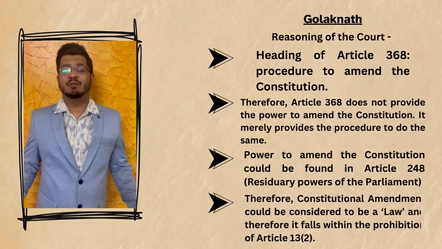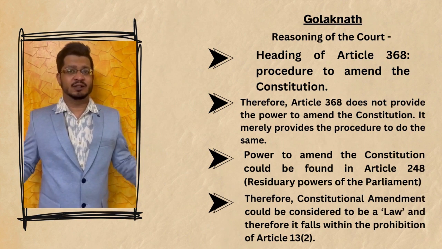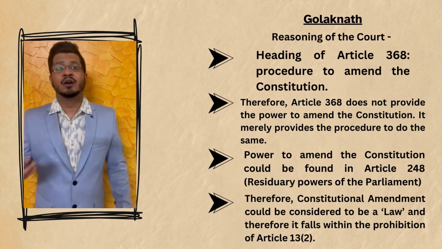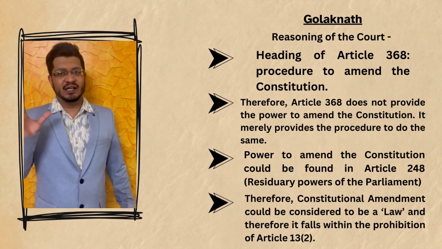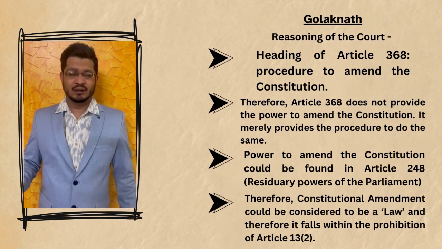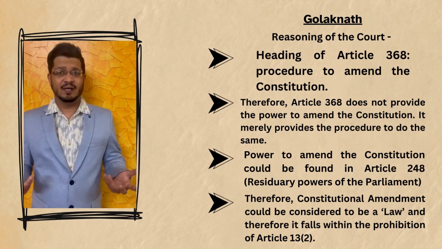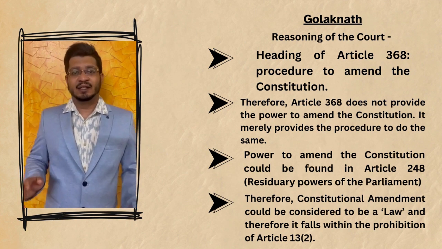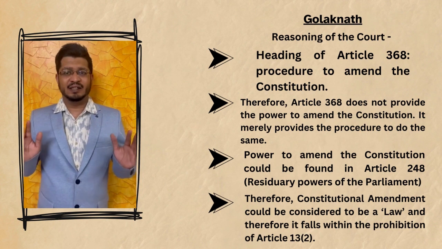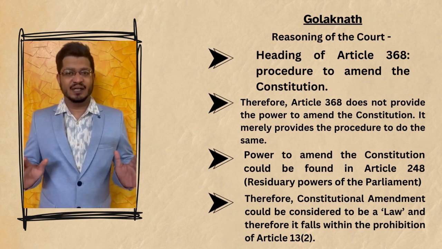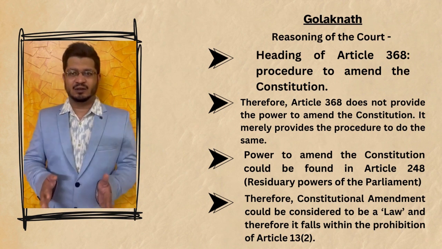Golaknath was a landmark decision in the history of the Supreme Court of India. Therefore, it is extremely important for us to understand the reasoning developed by the Supreme Court while reaching this decision. So what was the reasoning developed by Chief Justice Subba Rao? It was something like this. The marginal note of Article 368 as it existed during the Golaknath case simply read, "Procedure to amend the Constitution."